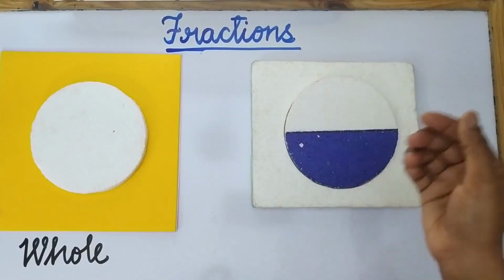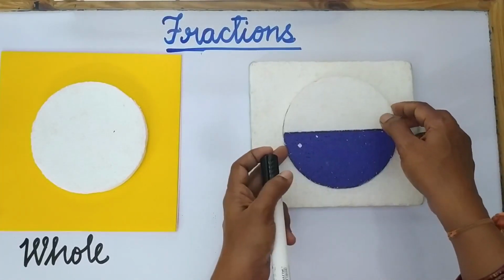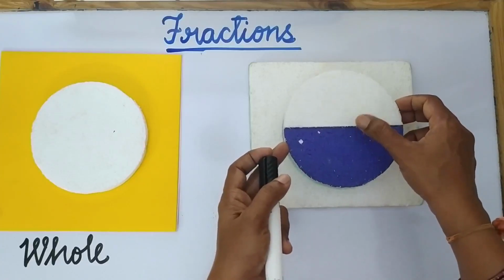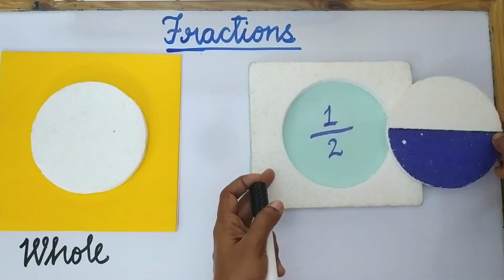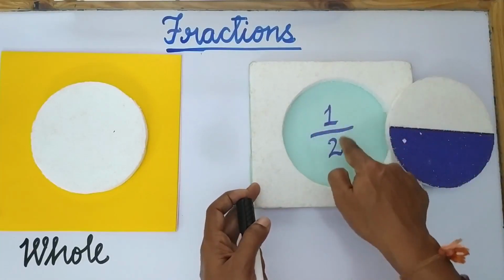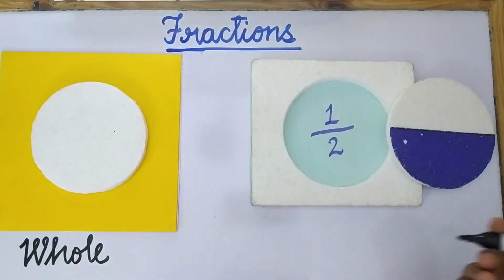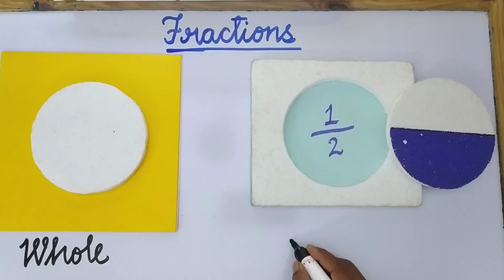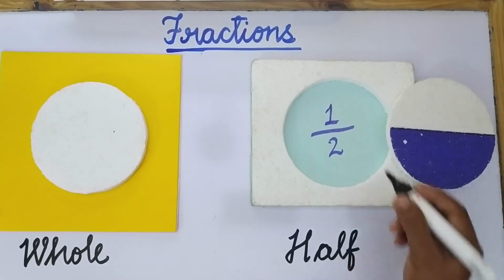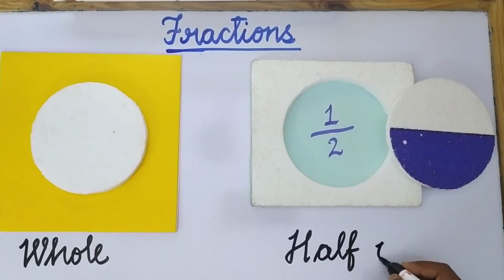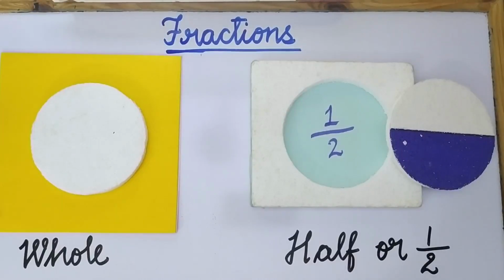Then, if a whole, or one complete thing, is divided into 2 equal parts, it will be called 1 by 2. We represent it in fraction like this, but it is also known as half. 1 by 2 is also known as half.